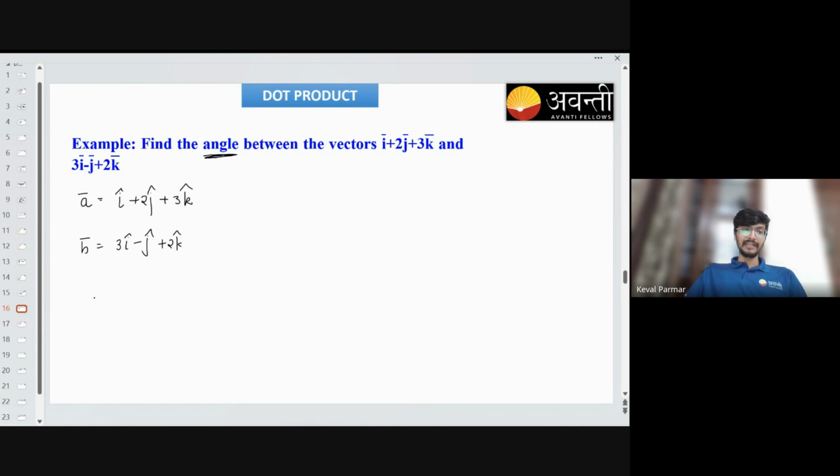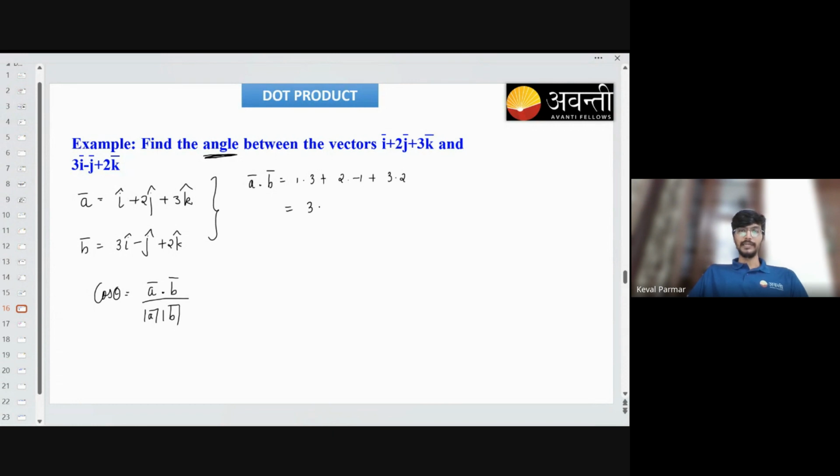By dot product, cos theta equals A bar dot B bar upon magnitude of A into magnitude of B. So let's find A bar dot B bar. A bar dot B bar is multiplying corresponding coefficients: 1 into 3, and add them, 2 into minus 1, 3 into 2.